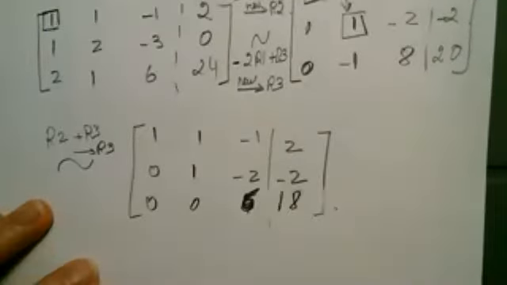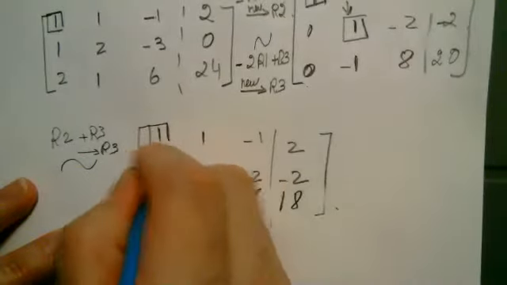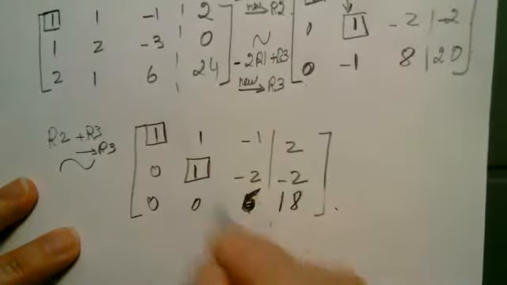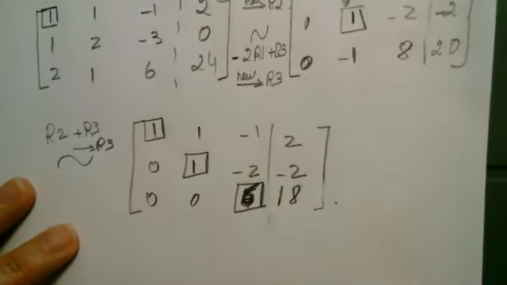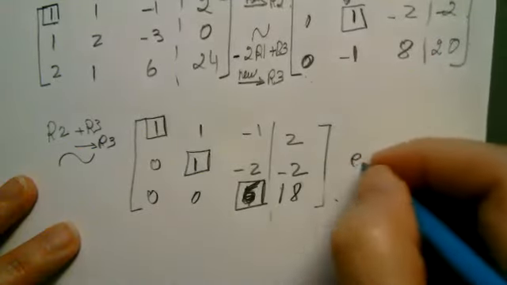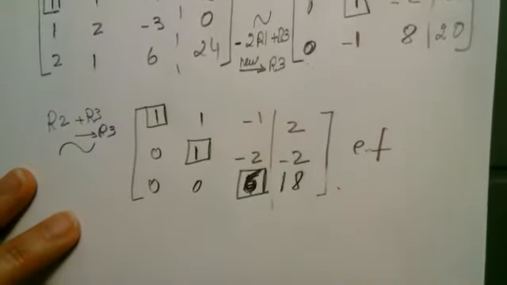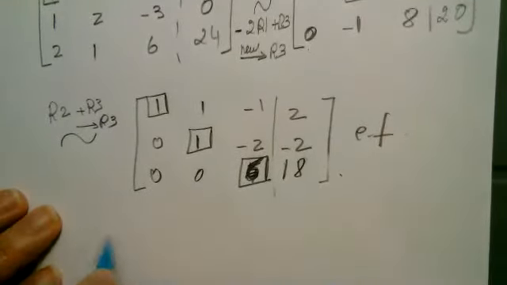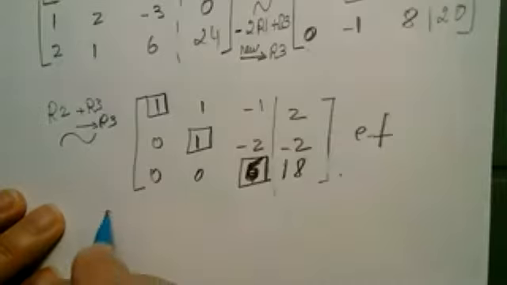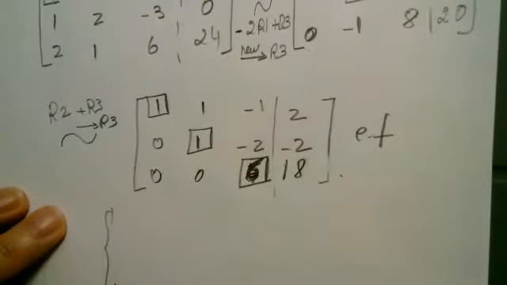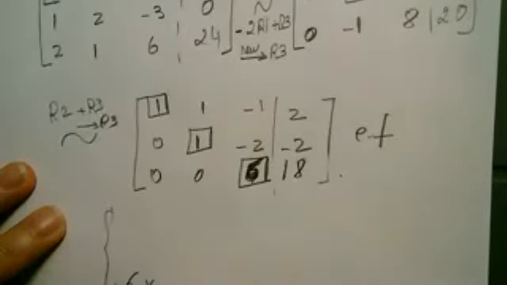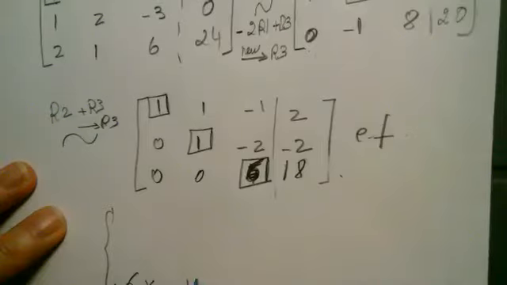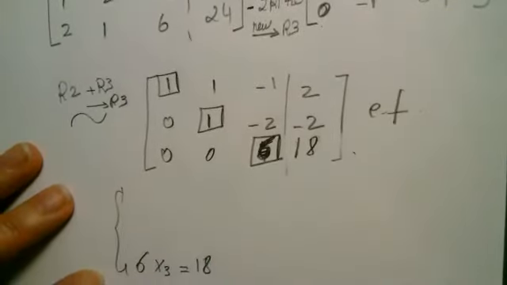Now, I stop when I reach the echelon form. 1, 1, and 1. I am in echelon form, I can stop. And then what do I do immediately? We write the system that corresponds to the echelon form. The last one, 16x3 equal to 8.